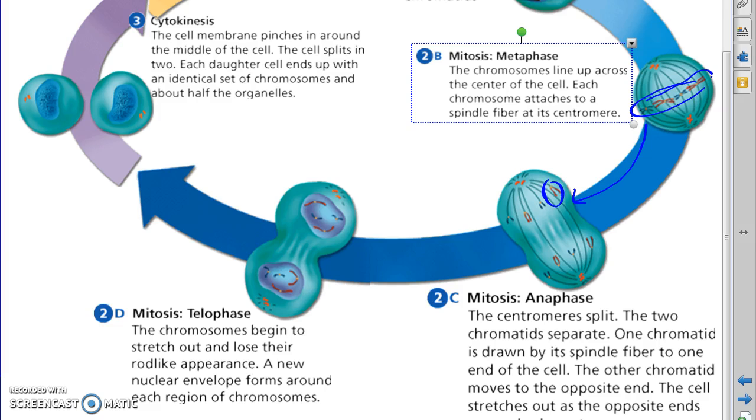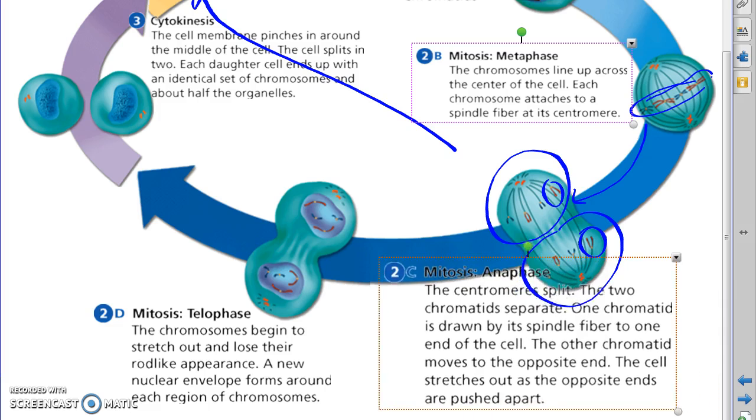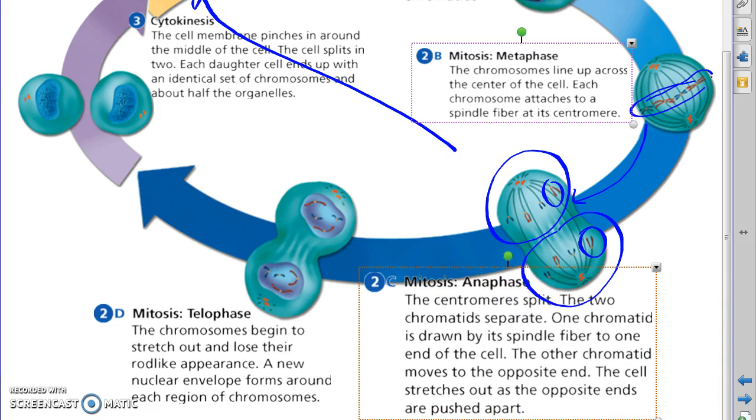And this half of the chromosome is identical to this half of the chromosome. Because they were copied way back in interphase and then wound together into a chromosome, now splitting them apart makes sure that this soon-to-be daughter cell has the same genetic information as this soon-to-be daughter cell. So this is happening in anaphase. That's the description that we have down here.